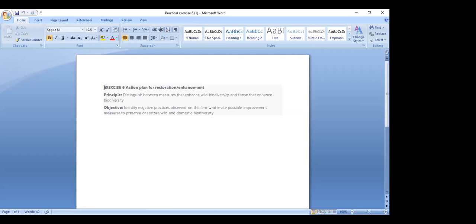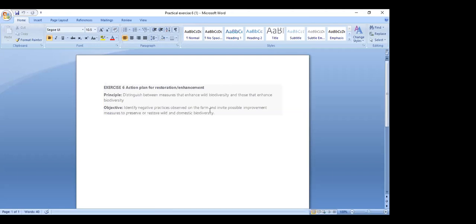We have mentioned several practices that we engage in on our farm, particularly open field: the use of fertilizer, the use of herbicide, the use of machinery, deep tilling, and many others that we have discussed.